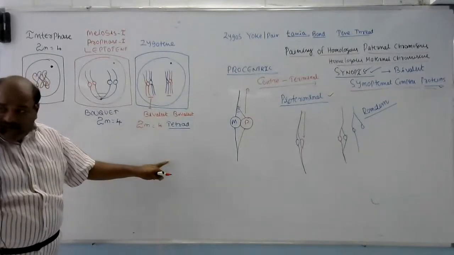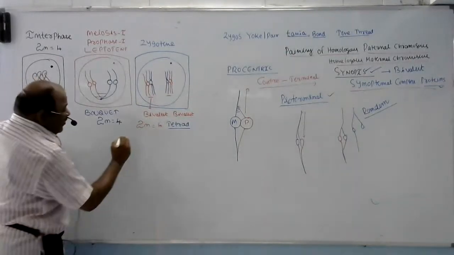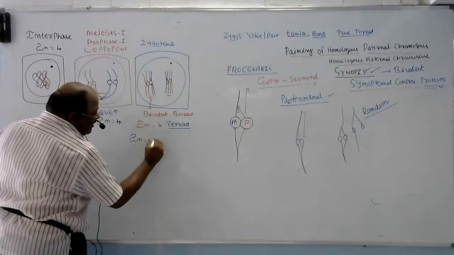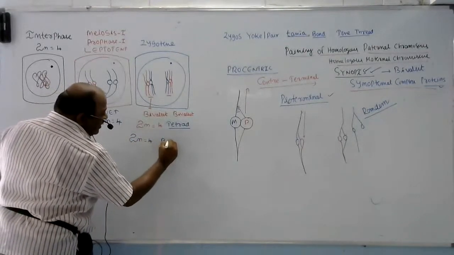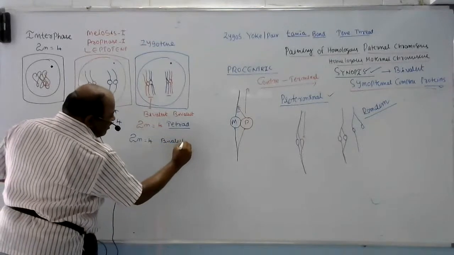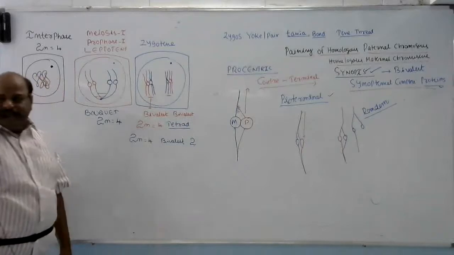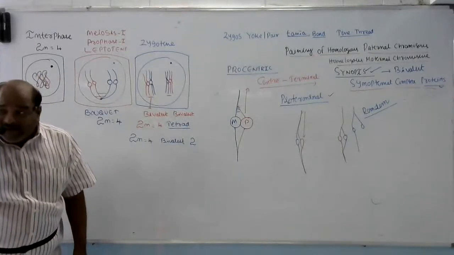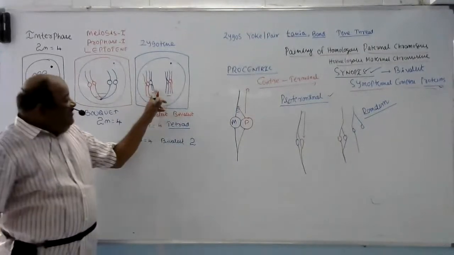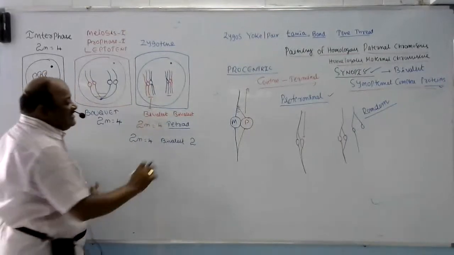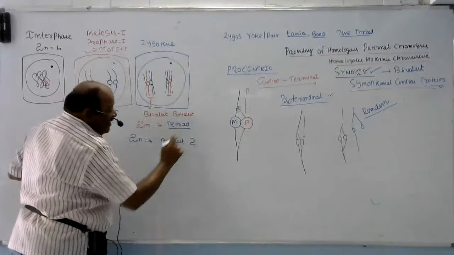What do you have to remember? Observe the board: 2n equals 4. How many bivalents are formed here? Two. Every bivalent has 4 chromatids, hence it is called a tetrad.